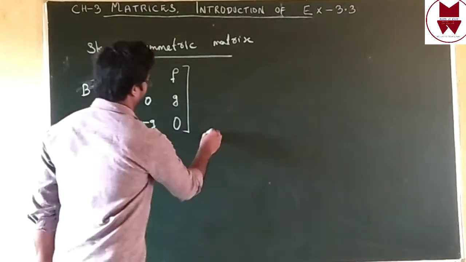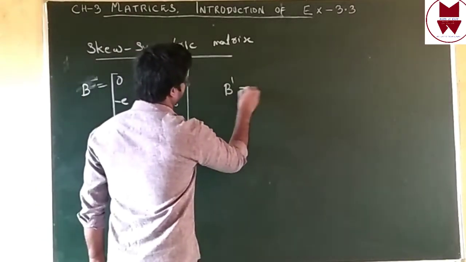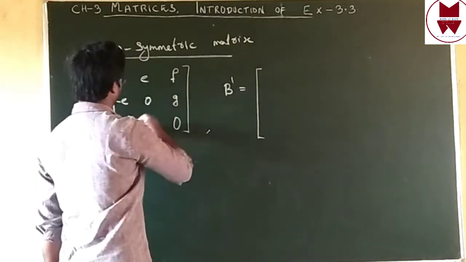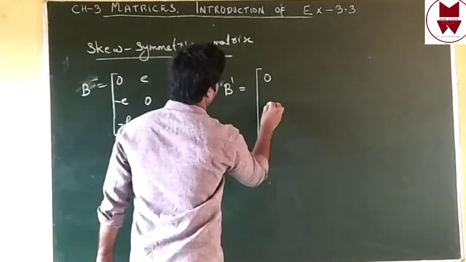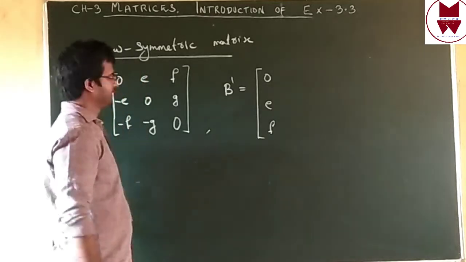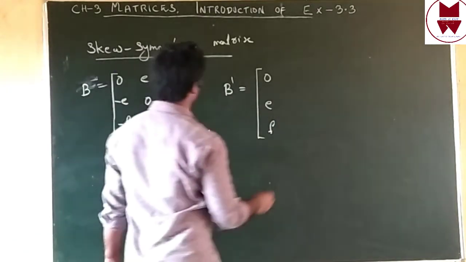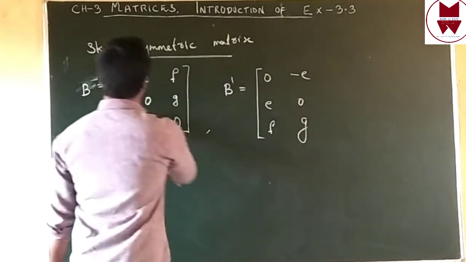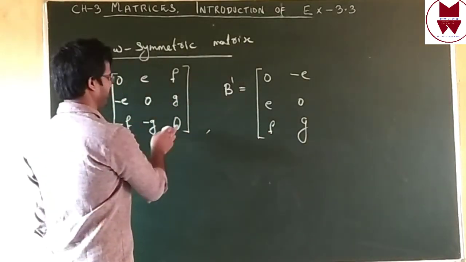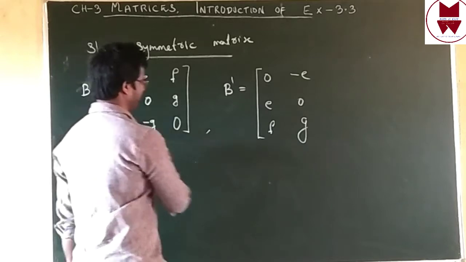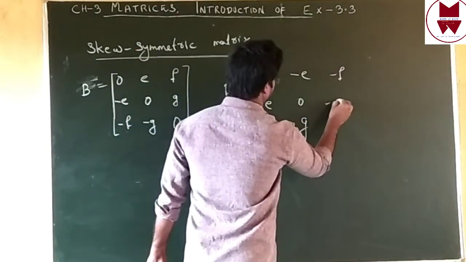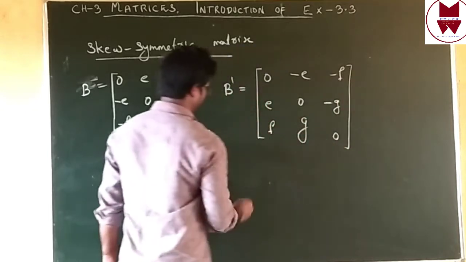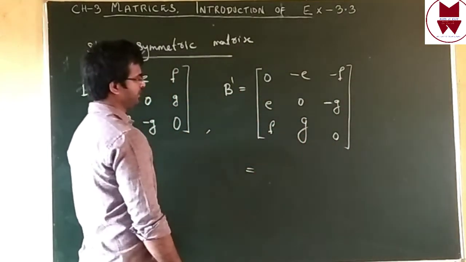Then take the transpose, B transpose. The first row becomes the first column: 0, E, F. The second row becomes the second column: minus E, 0, G. The third row becomes the third column: minus F, minus G, 0.